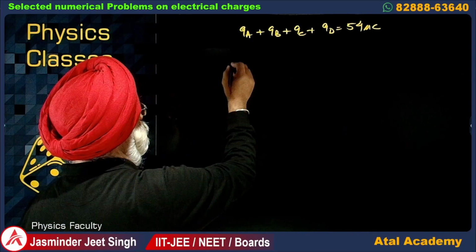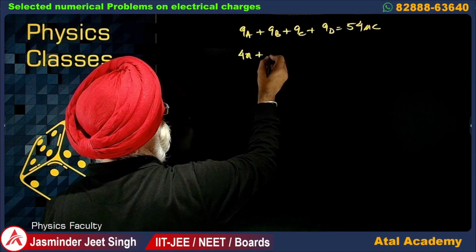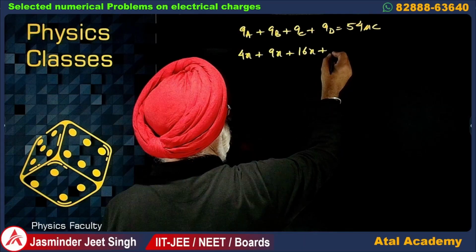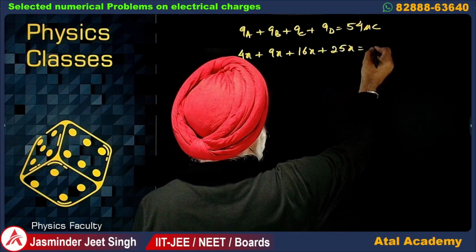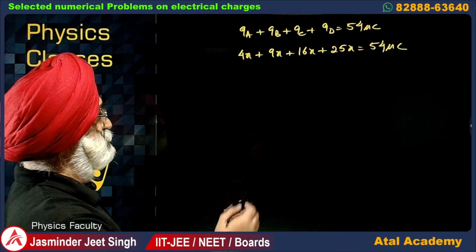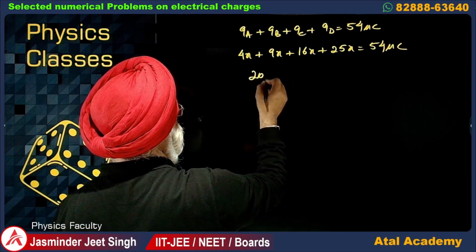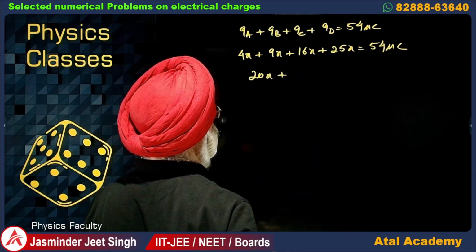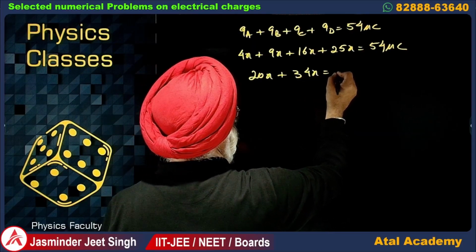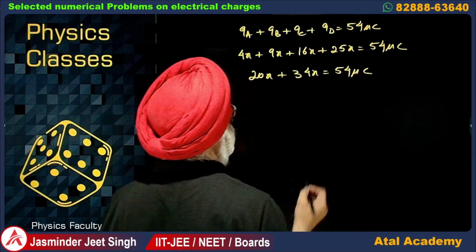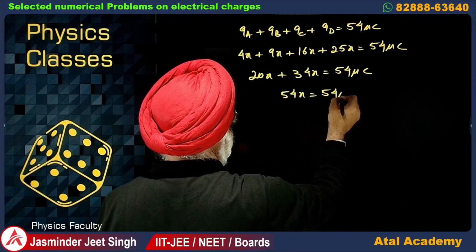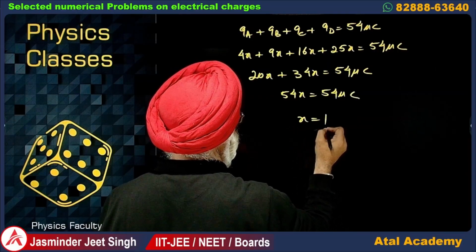And we know that QA is 4x, QB is 9x, QC is 16x, and QD is 25x. Now 16 plus 4 is 20x, and 25 plus 9 is 34x. It will be 54x, will be 54 microcoulomb. From here we got x will be 1 microcoulomb.